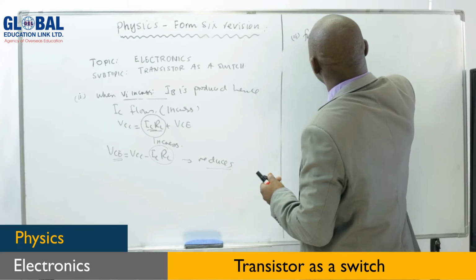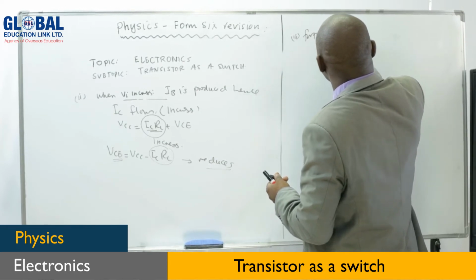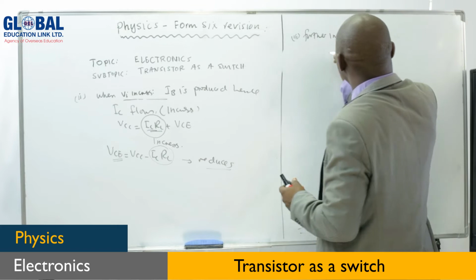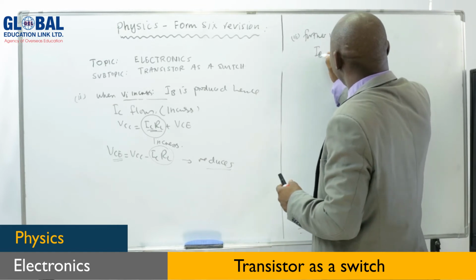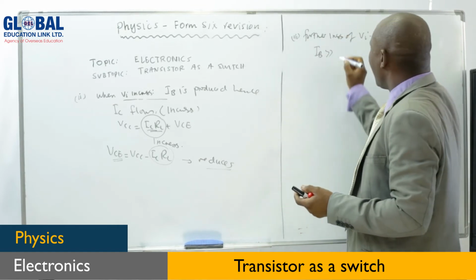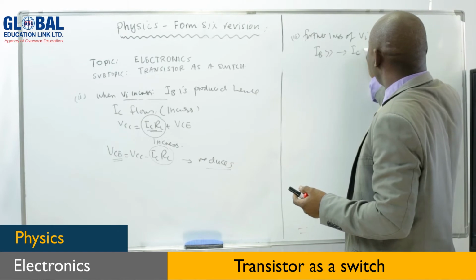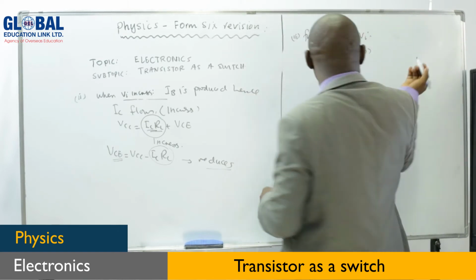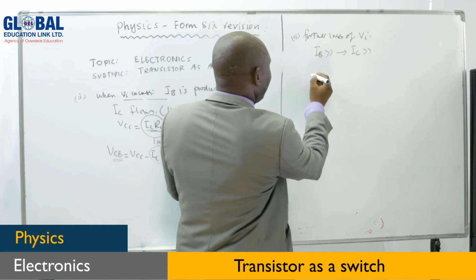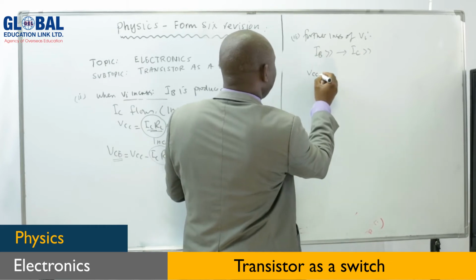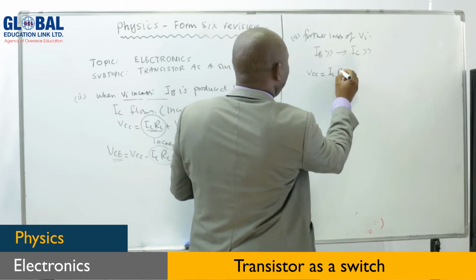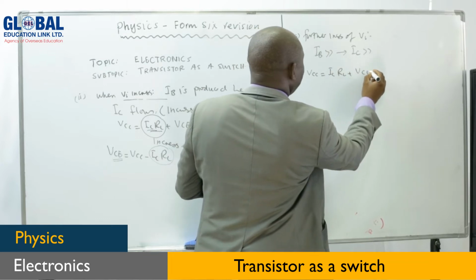Further increase of the input voltage means the base current also increases, and this makes the collector current also increase. From the output, we have VCC equals IC RL plus VCE.